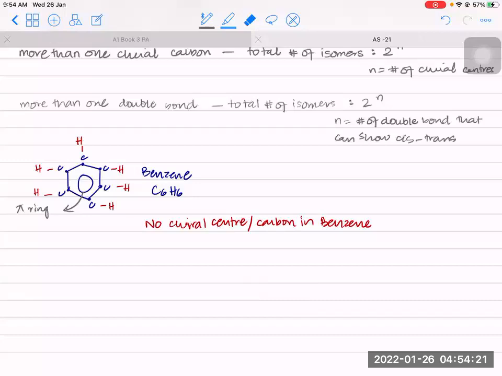Because they will give you big structures in your MCQs and ask you to calculate the number of chiral centers, right? So if you see this benzene ring, you know that it has no chiral centers. Clear? So you can just ignore it, not waste your time trying to find out how many chiral centers it has because it has none. Clear?